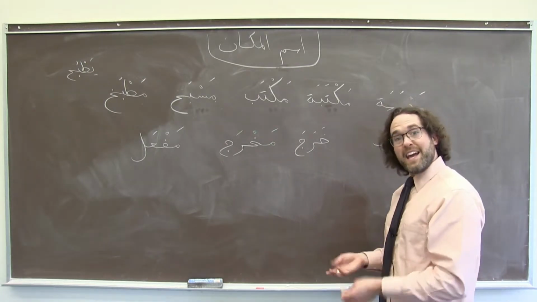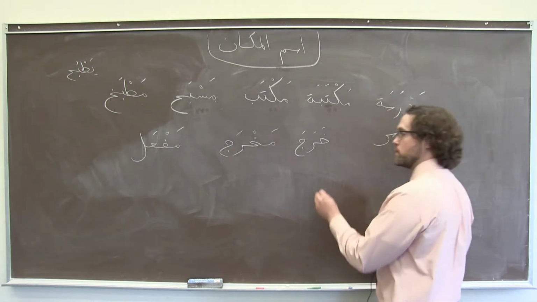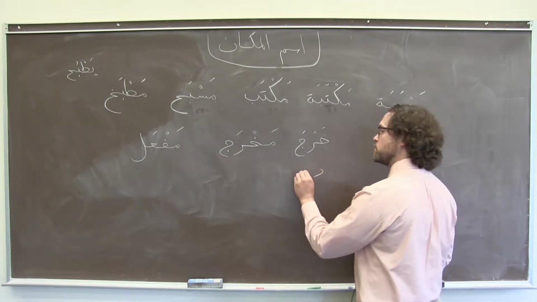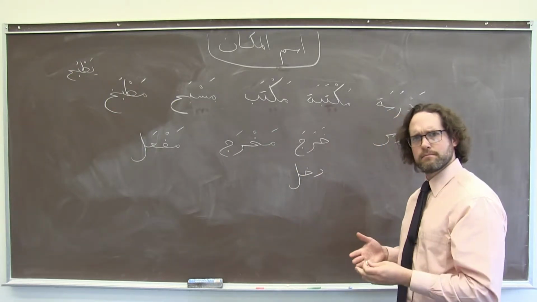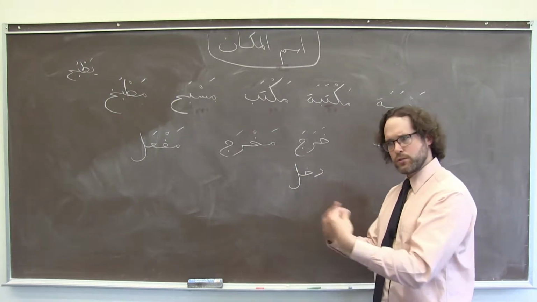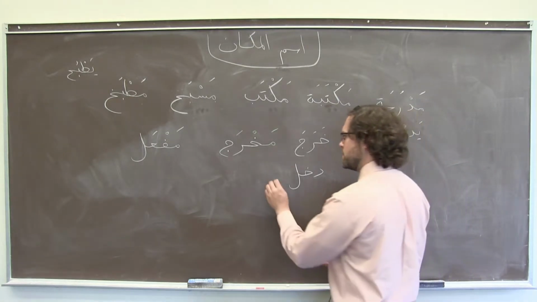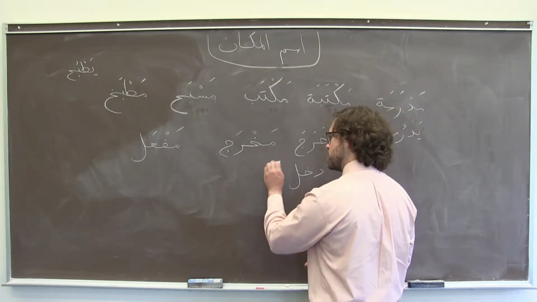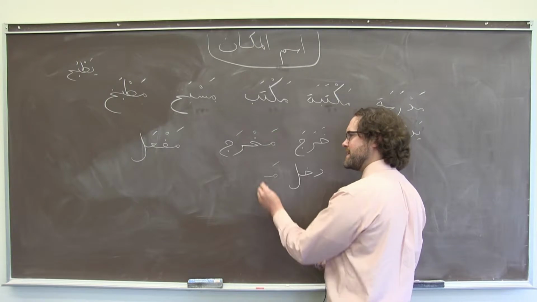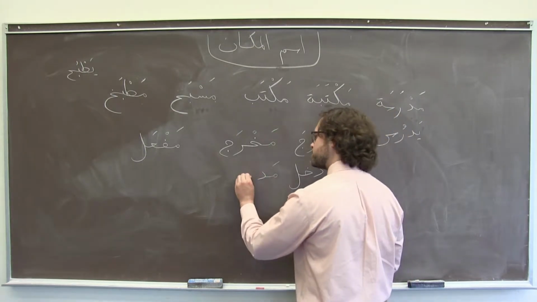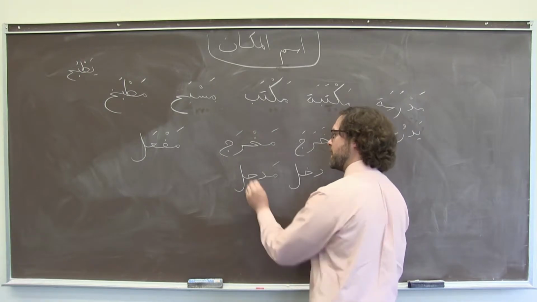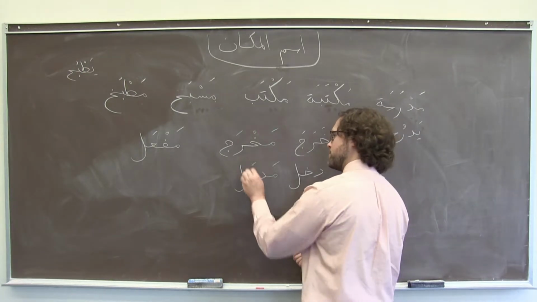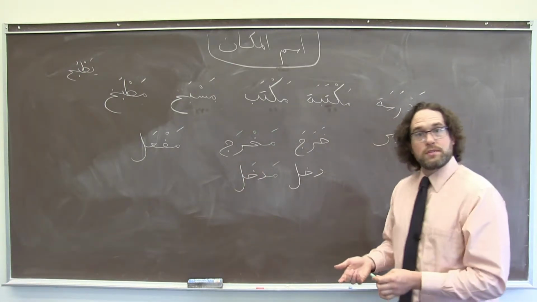Suppose we want to talk about an entrance instead. We could use the verb dakhala, and if we wanted to talk about an entrance, a place of coming in, we apply the same template exactly, and we get madkhal, an entrance.